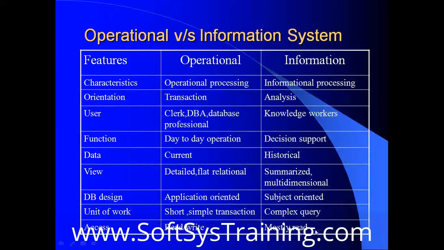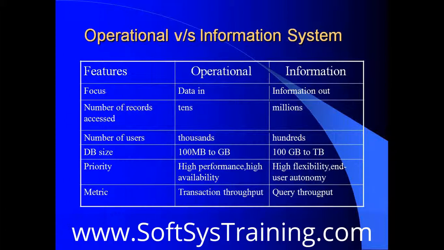Read and write here, mostly read there. From the data warehouse we will just read; we will not update the data frequently. Again the DB size would be 100 MB to GB, but here 100 GB to terabytes. The data warehouse size would be this much or more, based on your business.